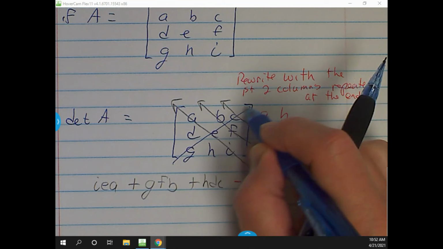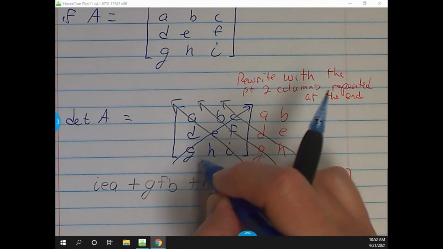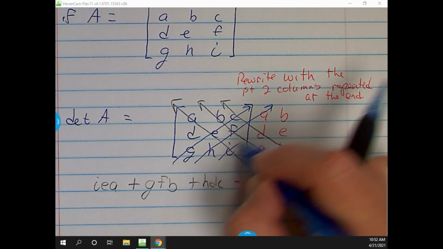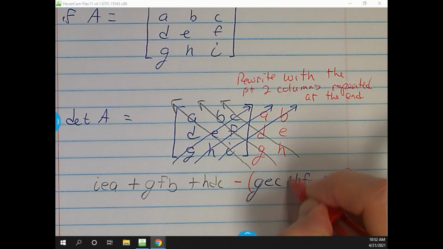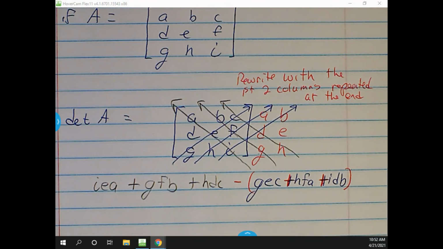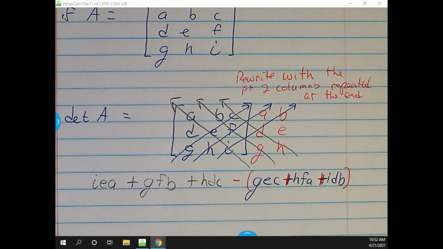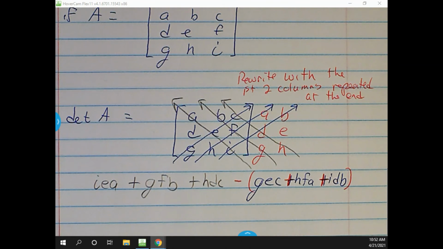We're going to do G times E times C, add that to H times F times A, and add that to I times D times B. Sometimes people were thrown off by this one because it seems kind of hard, but once you see one with numbers, it's really not too bad.